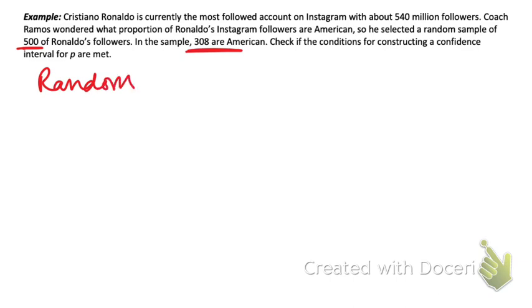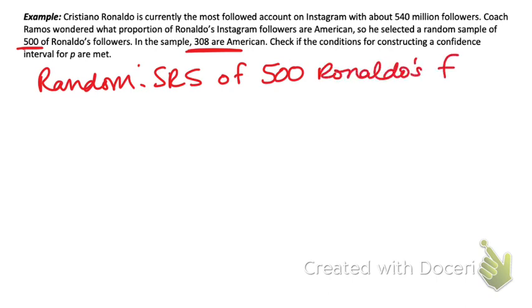Random. We have an SRS of 500 of Ronaldo's followers, so that ensures that p hat is an unbiased estimator of p.